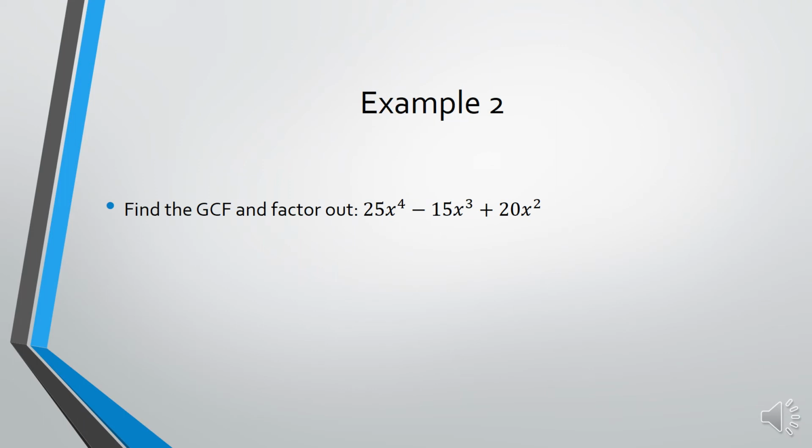Next, let's figure out the greatest common factor of 25x to the 4th, 15x cubed, and 20x squared. Let's factor it out and then write this as a product. So just starting with my coefficients, 25, 15, and 20. The largest number that goes into all three of those would be 5.